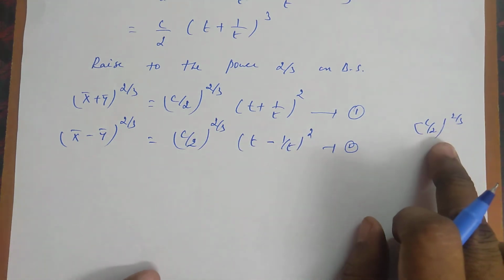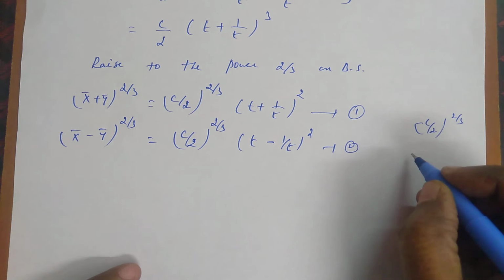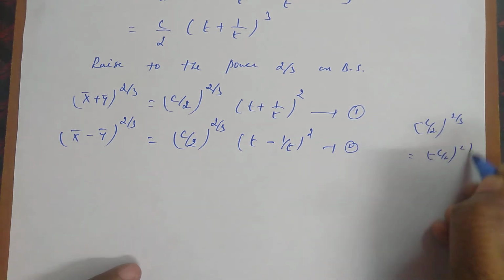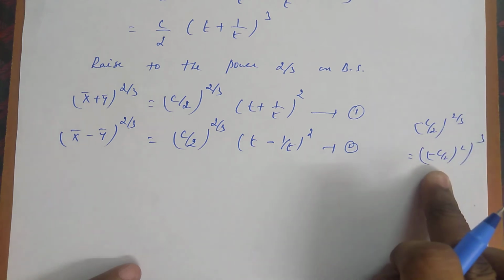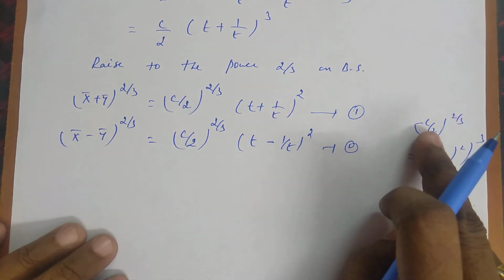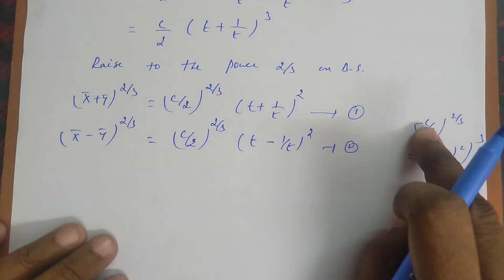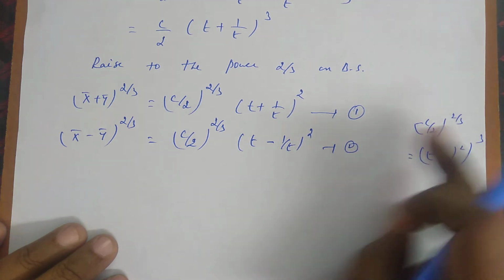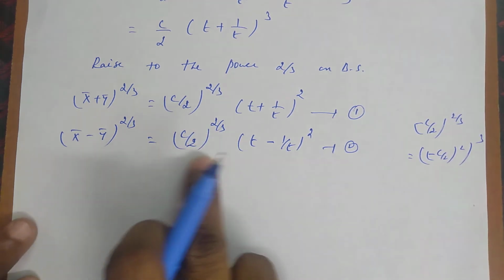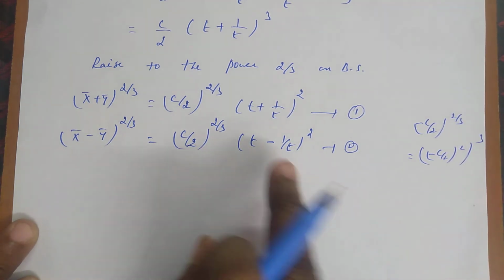That is nothing but positive, because this can be written as c by 2 whole square power 3, so automatically it becomes positive. So c by 2 and minus c by 2 power 2 by 3 are both the same. That is why here I am writing c by 2 power 2 by 3 and here t minus 1 by t.